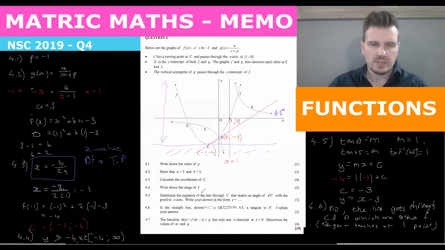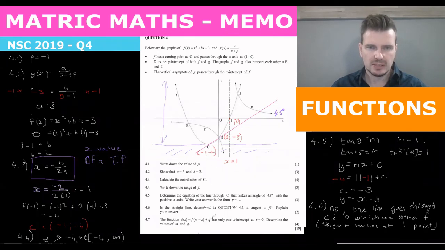Okay, now 4.7 says h of x is equal to f of m minus x plus q, and it has only one intercept at x equals 0. So its one intercept would be over here at x equals 0.